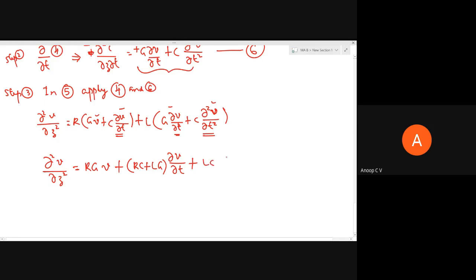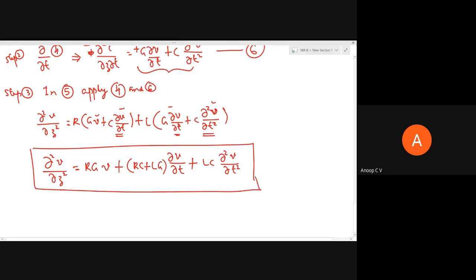Yes, you can put it inside a box, and that is our much awaited transmission line equation. This is equation number 7.